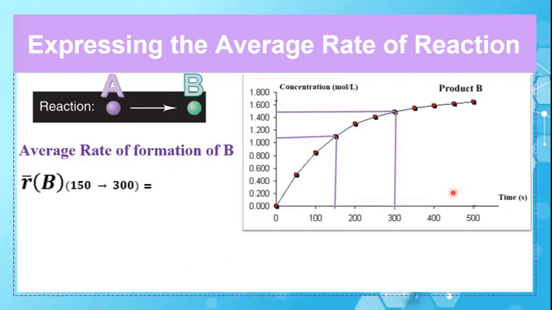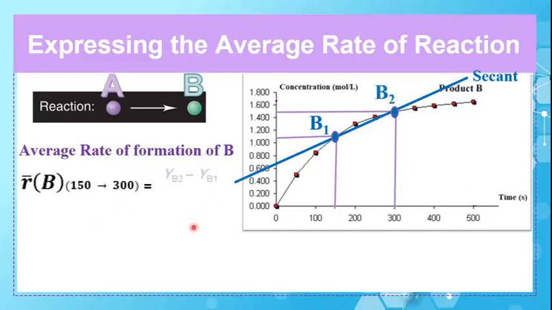If we join these 2 points drawn on the graph together, we will obtain a straight line that cuts the curve in 2 points, B1 and B2, and the average rate of formation of B will be equal to the slope of this secant, which is the difference of the ordinates of these 2 points over the difference in their abscissas.